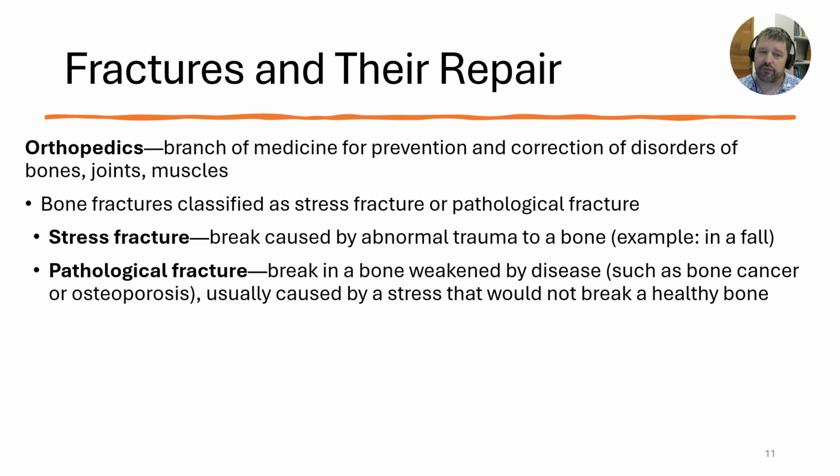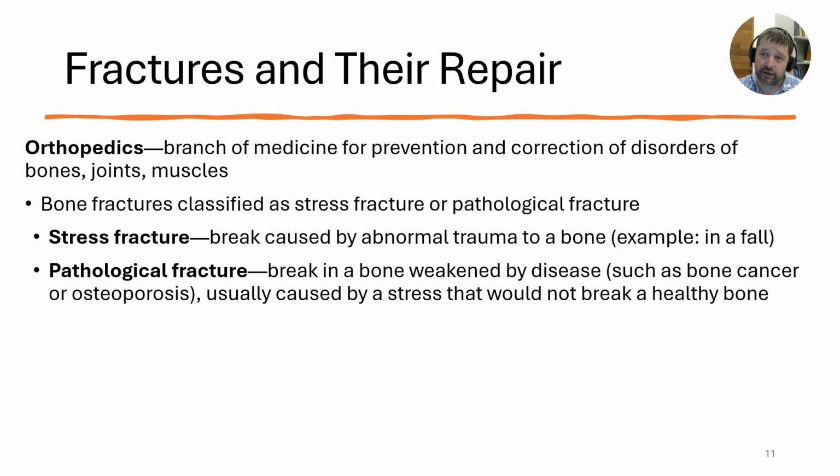Pathological fractures are due to weakened bone, by diseases, either internal or external components of those diseases. It could be genetically controlled, etc. But the bone is not healthy, and the bone tends to deteriorate over time.